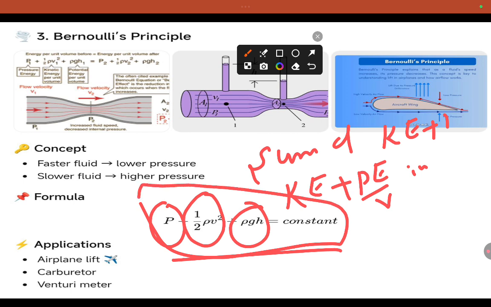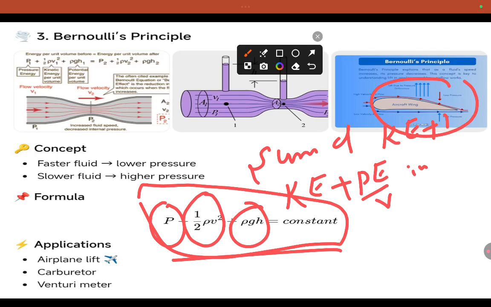That is the simple thing about the Bernoulli principle. Pressure head, energy head and density head are constant. The atomizer or sprayer works on the Bernoulli principle.